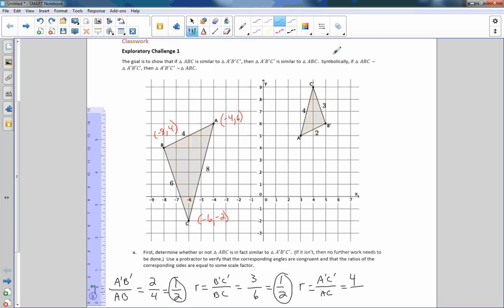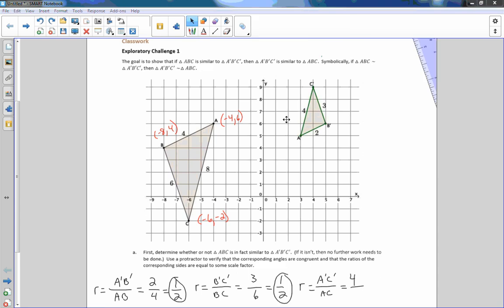So just so I'm not going off the paper when I scale it up, how about I move my triangle first and then scale it up. Okay, so if I have triangle A prime, B prime, C prime, and I'll draw that. The first thing I want to do here is move this triangle. So I'm going to do the translation first.